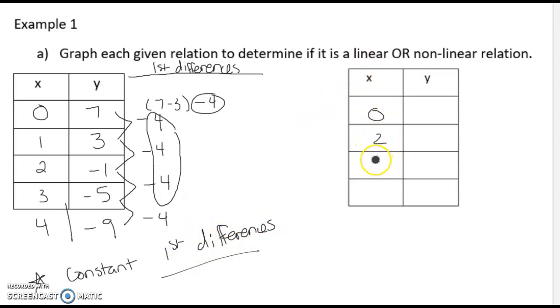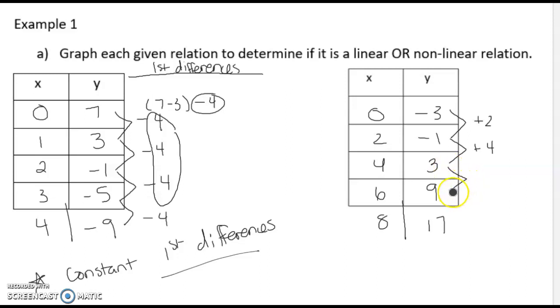Okay? Next one, I'm going to give you the numbers 0, 2, 4, 6, 8. Okay? And then I'm going to give you these numbers: -3, -1, 3, 9, 17. Okay, so to go from -3 to -1, we had to add 2. To go from -1 to +3, we had to add 4.